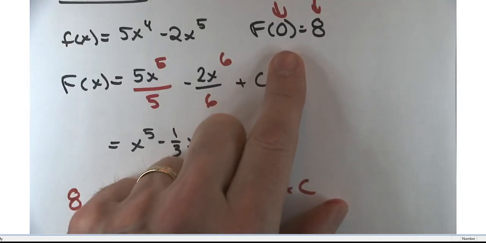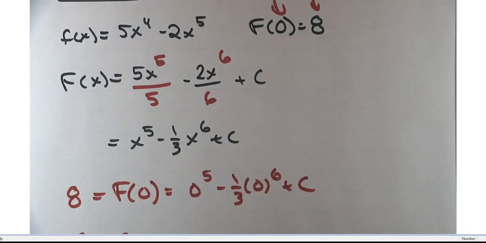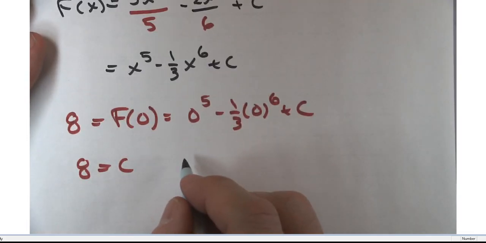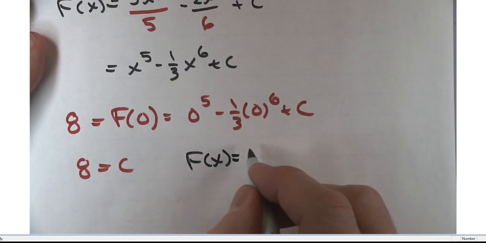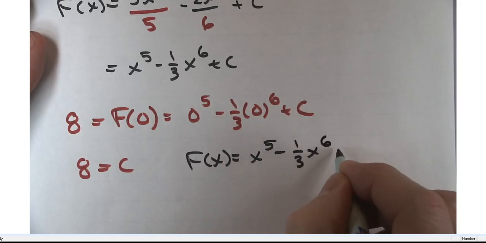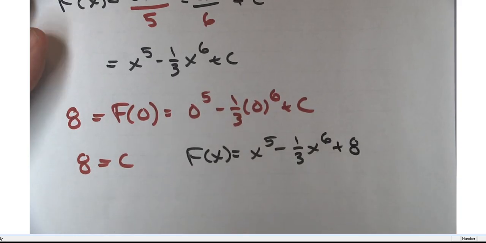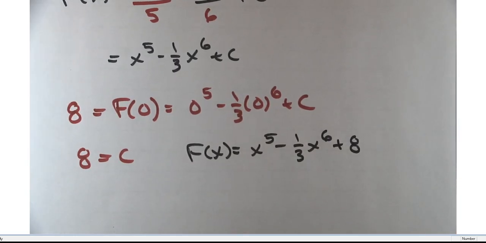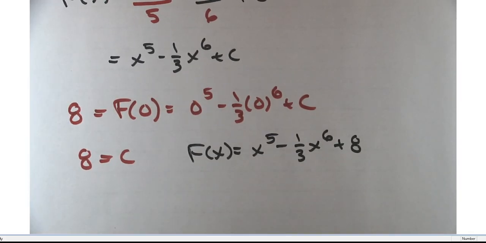This is sometimes called an initial condition, or in other cases it might be called a boundary value problem. In any case, my final answer is f of x equals x to the 5th minus 1/3 x to the 6th plus 8. So there's your initial condition and where you would use it. A lot of times, depending on the applications, this might be like a starting temperature or an initial velocity, whatever the case may be, initial height. But a lot of times you do have these initial starting values.